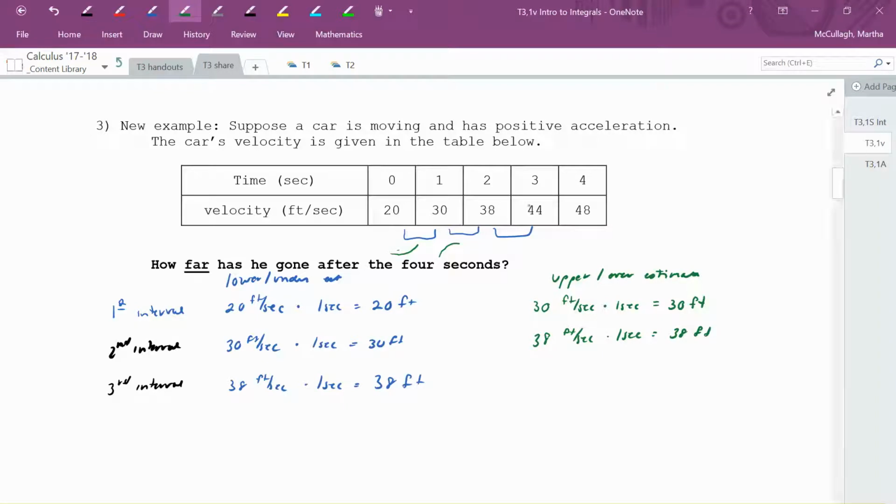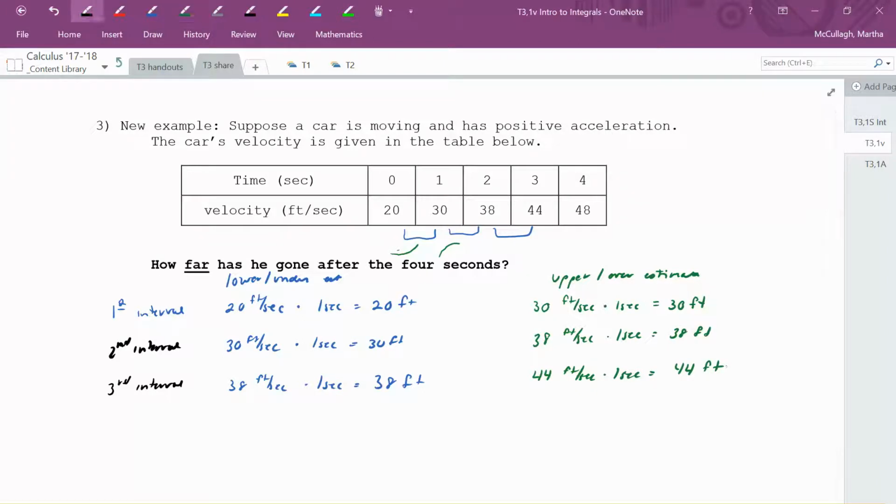It's also possible during this interval, the fastest it could have gone is 44 feet per second for that 1 second interval, giving us a distance during that 1 second interval of 44 feet.